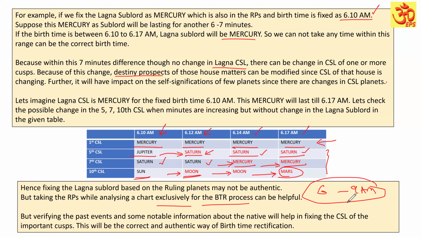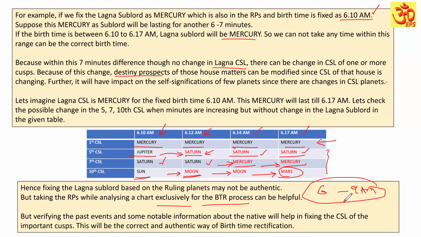So in that process, the ruling planets will help when we analyze a birth chart for the purpose of BTR. Even then, it is not going to be completely with the help of the ruling planets alone. We cannot fix it. For that, we should analyze by verifying some past events and fix it.